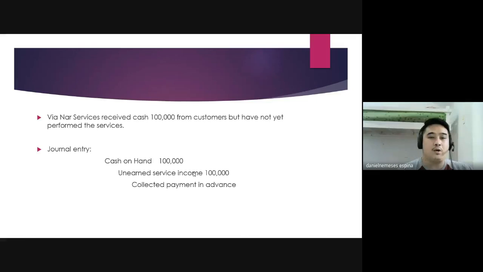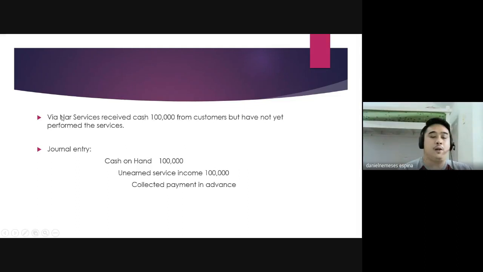It is the same with online sellers: if you collected cash from the customer but have not yet delivered, the cash you receive is under unearned service income, or unearned sales. You still have the obligation to deliver the goods and services.